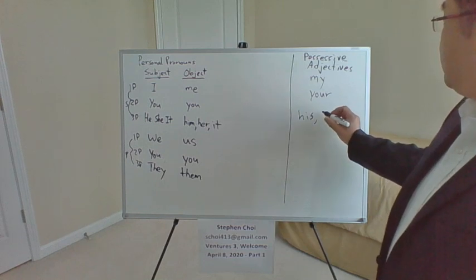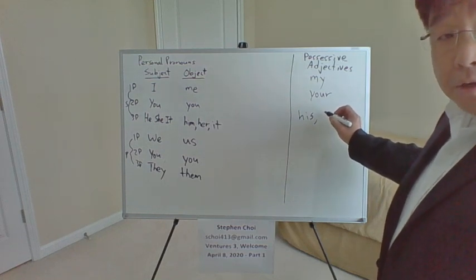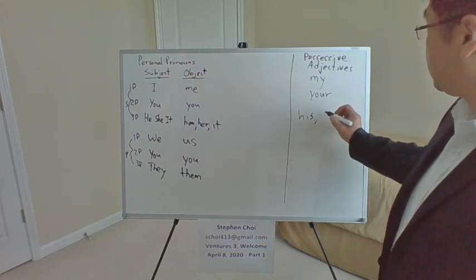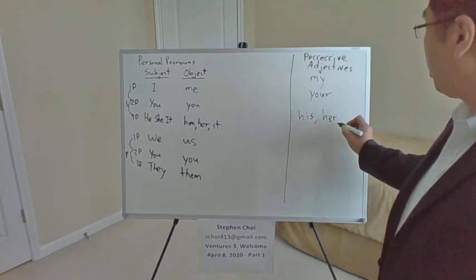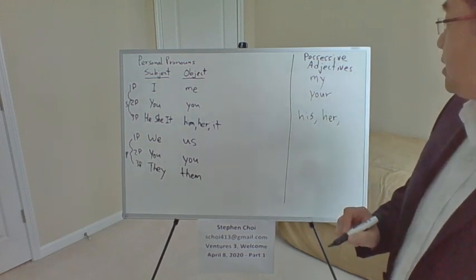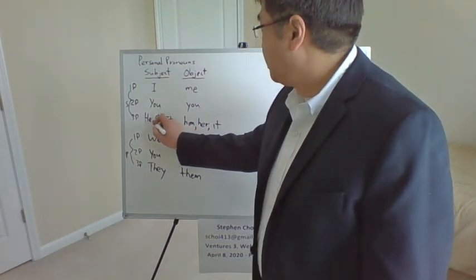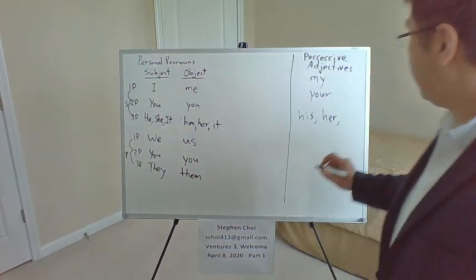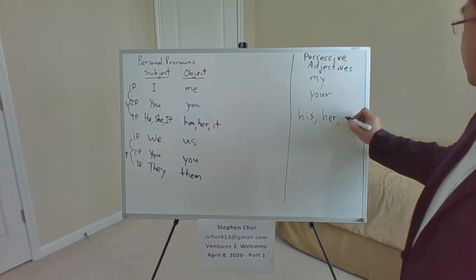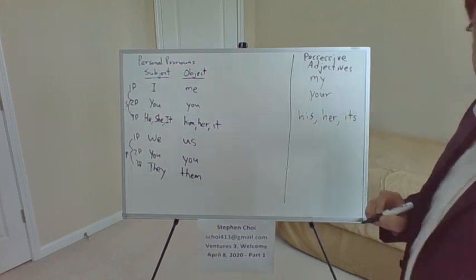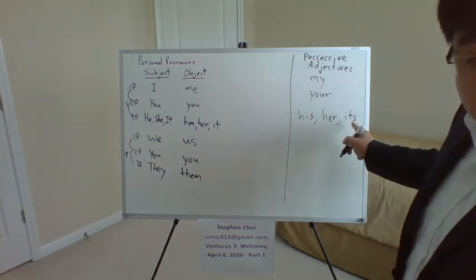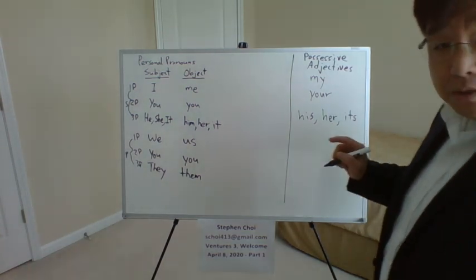And then the feminine, third person singular feminine possessive adjective is her, okay? And then let me put a comma here too, okay? And then it is, that's right, its. Does that have an apostrophe or no apostrophe?